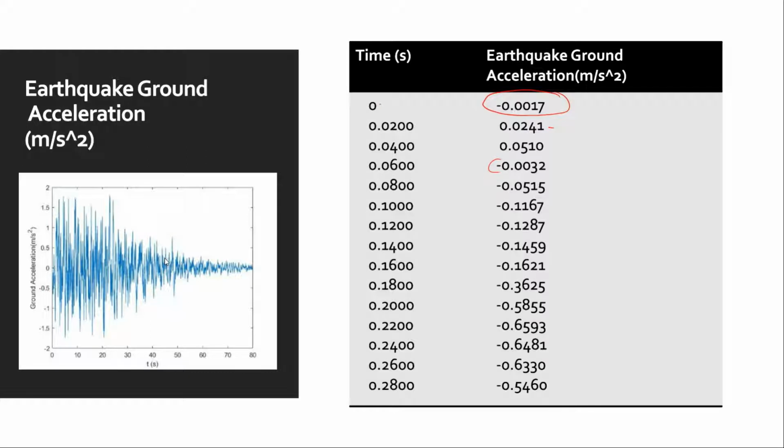So at very small time steps we can see the variation is minus, plus, plus, and minus, and so on. So the ground motion is very random and arbitrary.